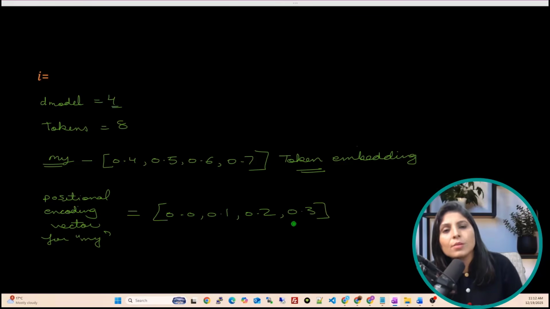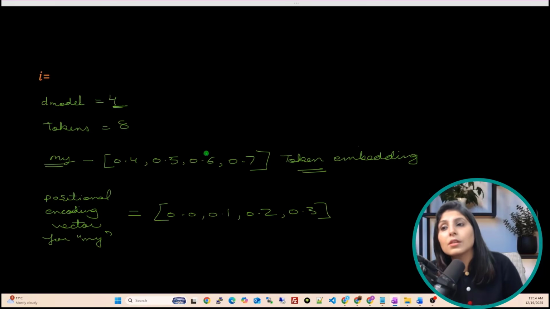How we are getting these values, that part we will discuss in some time. But right now, just understand that the number of values in the token embedding vector and in the positional encoding vector will be the same. Both follow d_model, and whatever the number in d_model, you will get that many values in the token embedding vector and in the positional encoding vector.